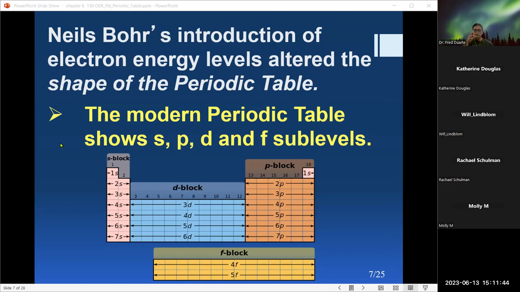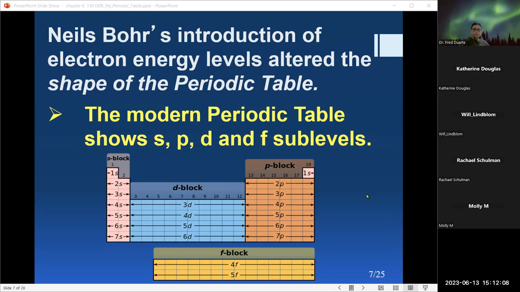And you notice that my periodic table was marked up with the S block, which is the first two groups, then the D block, which are the ones in blue, and then the P block, the ones on the far right, starting with group 3A, and then the actinides and lanthanides are the F block, okay?